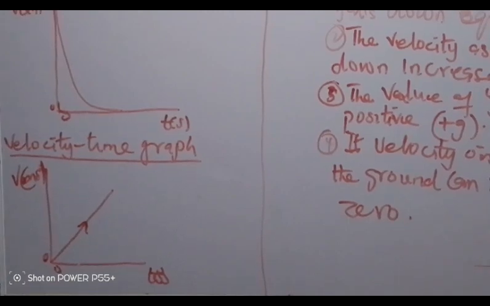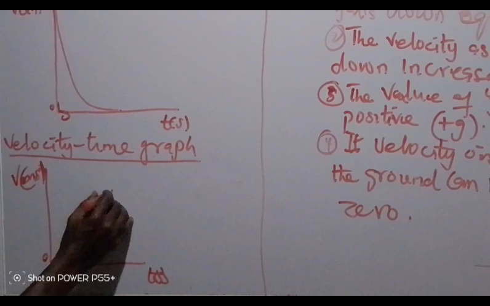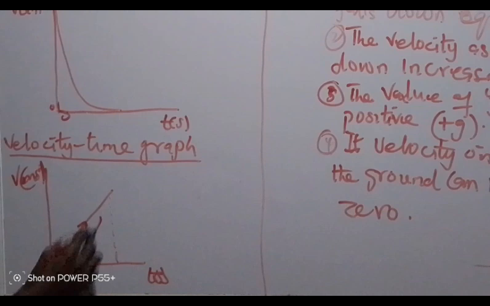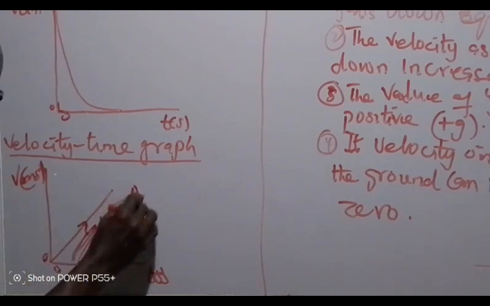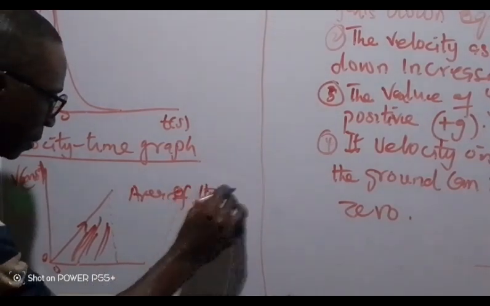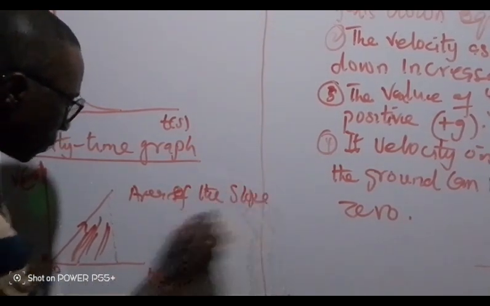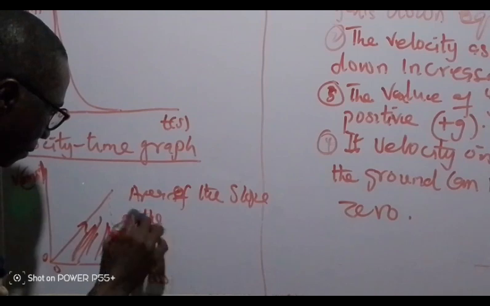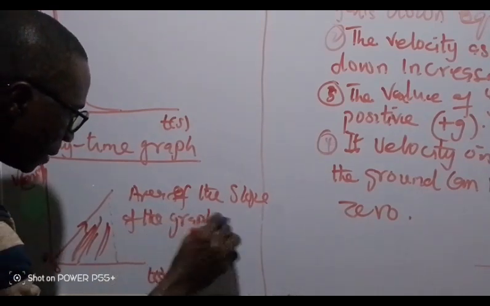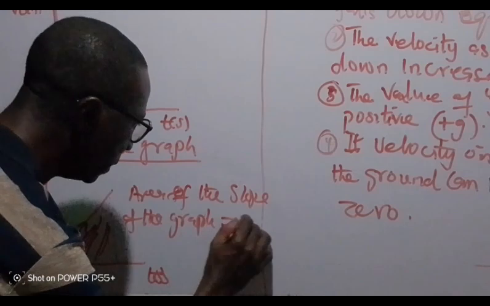But note this one: the slope of the graph is equal to g, that is the acceleration due to gravity.